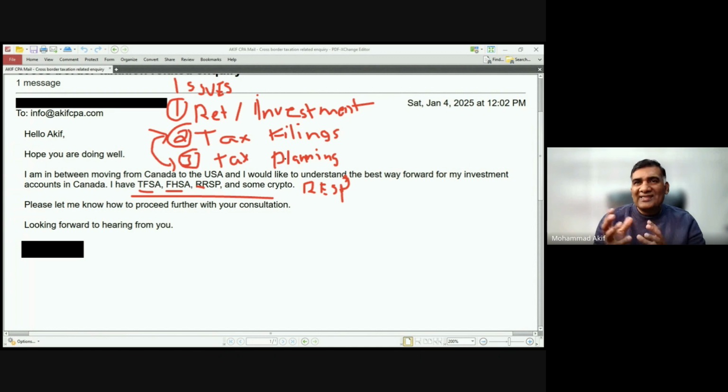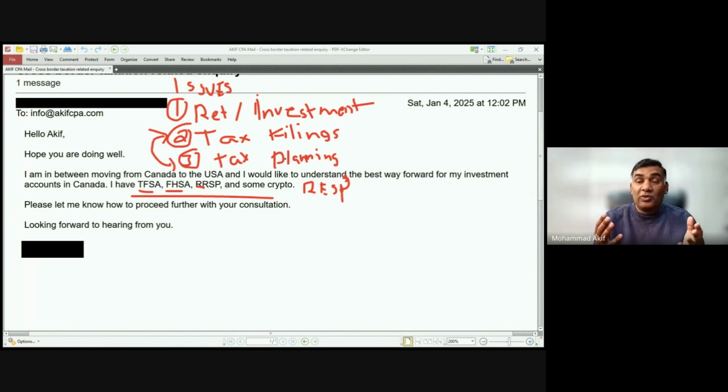So tax planning is the key when you're trying to move. This helps you minimize taxes and also minimize reporting. That's the key here, right? It's not just, hey, I'm going to pay less taxes. It's also about what I'm going to file, what I'm going to report, because if you don't need to, you should not be reporting more.